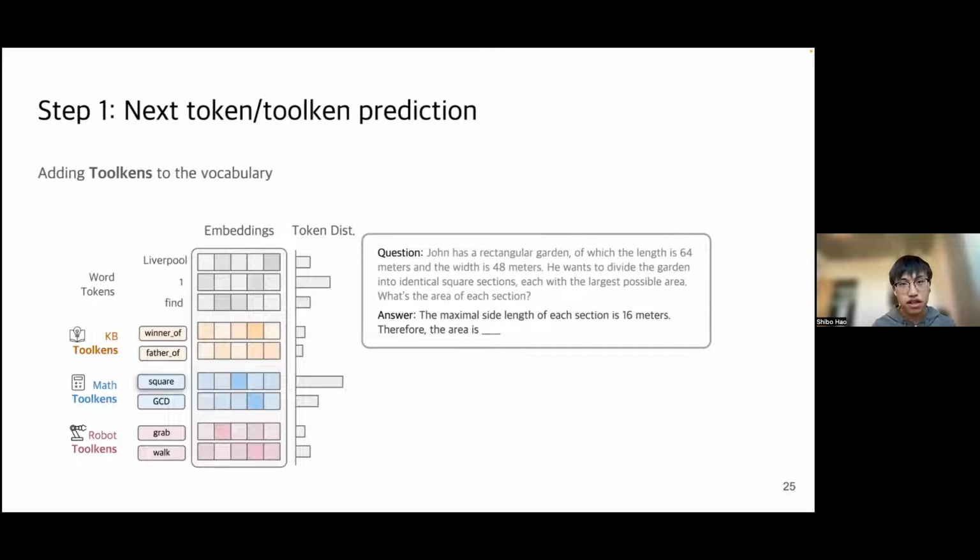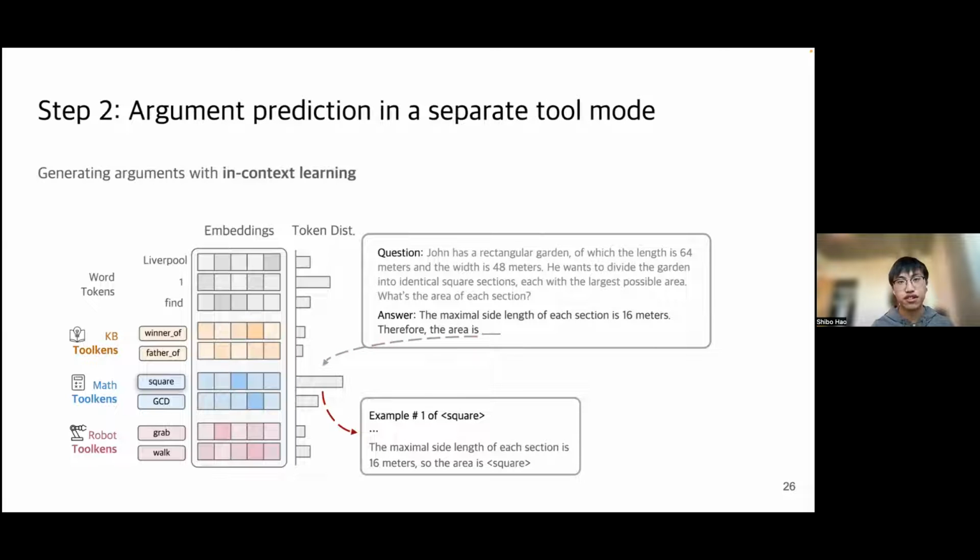Basically, if the embeddings are good enough, the LM will predict the square token at this step because that's what is needed for the calculation. Then the next step is to complete the argument. So the LM will jump into another context, which we call tool mode.